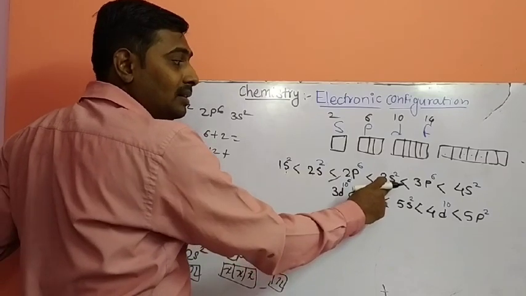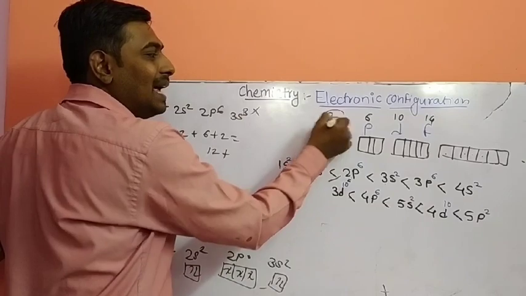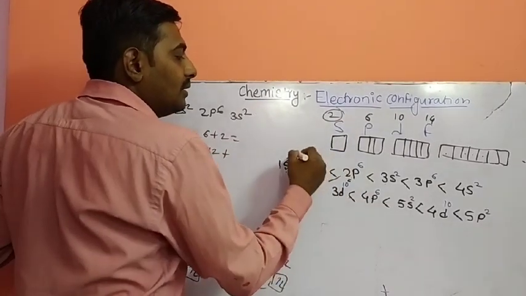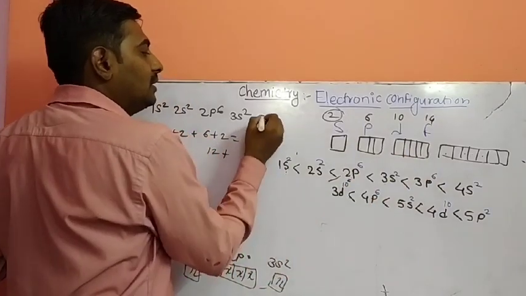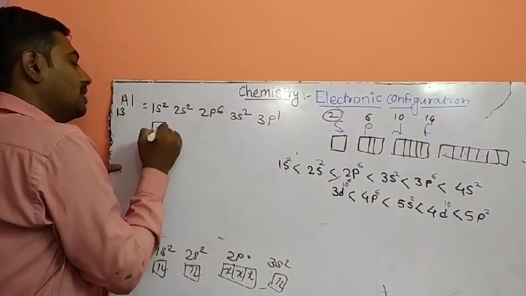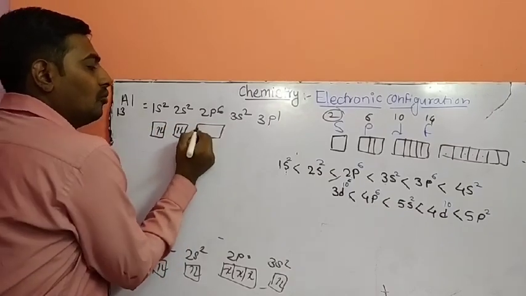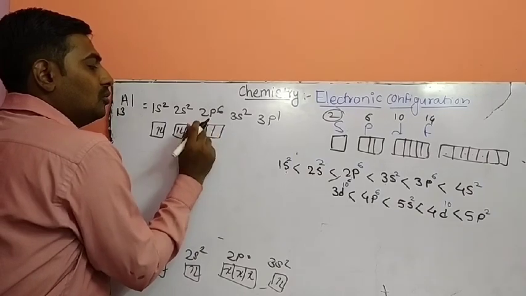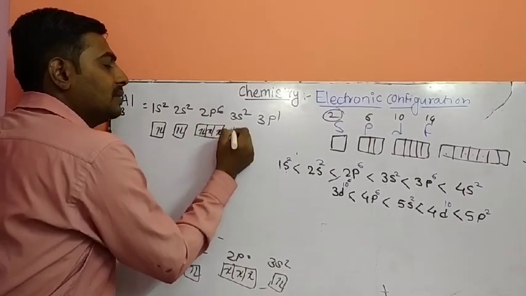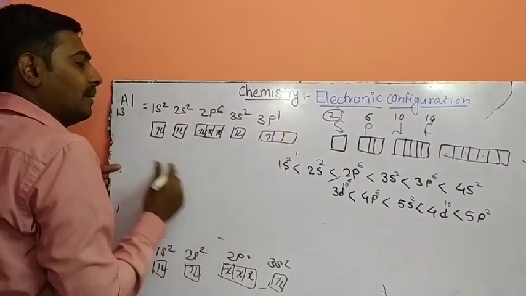Can we enter one more in 3s? No, because the s orbital has only 2 electron capacity. So the next electron enters in the 3p orbital, 3p1. The orbital representation should be like this: 3s orbital like this, 3p orbital this way.